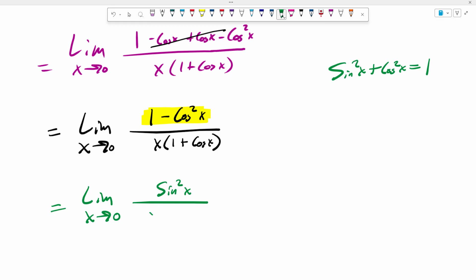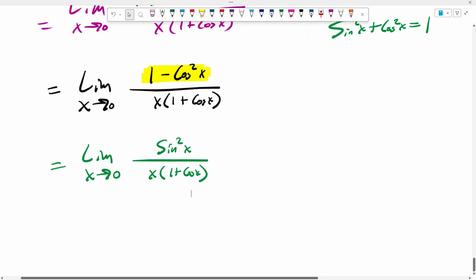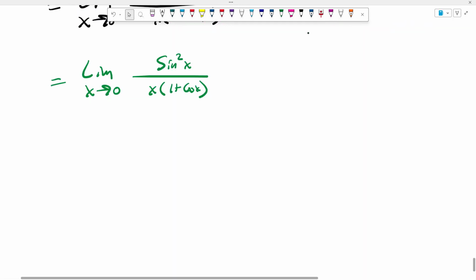If you try direct substitution, we still get 0 over 0. Any ideas what we could do from here? What's that? I'm not sure we could do that.